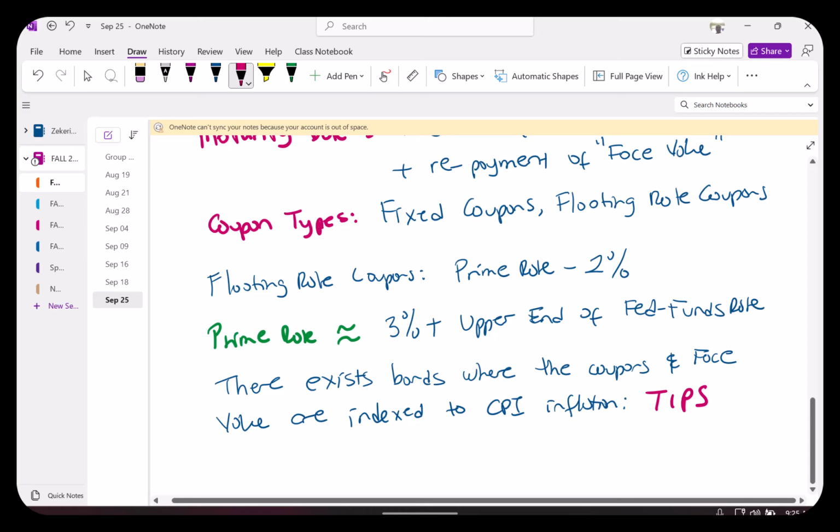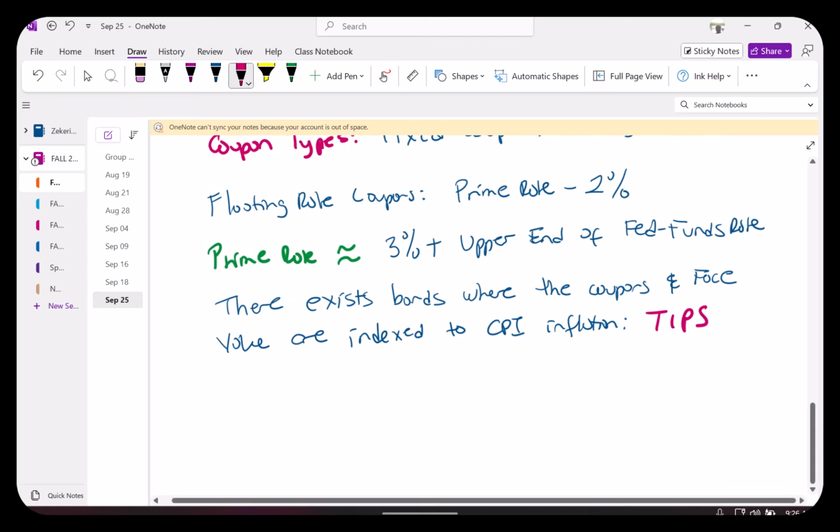TIPS is an abbreviation for Treasury Inflation Protected Securities. Your face value starts at $1,000. Every 6 months, it's updated with the inflation. And when the maturity date comes, you actually get inflation indexed face value. But if the face value is not indexed to anything, on the last day, the maturity date, you get the last coupon, whatever that may be, depending upon fixed or floating, plus the $1,000 face value.